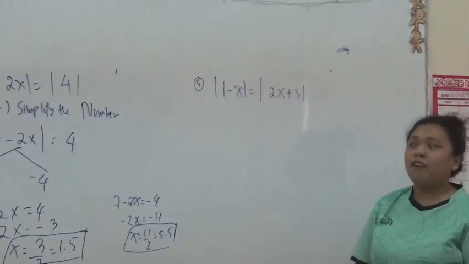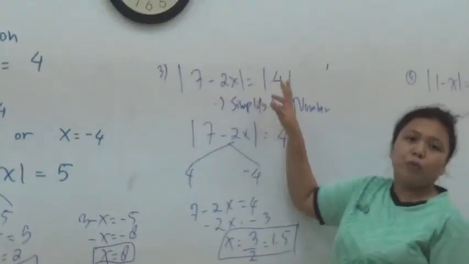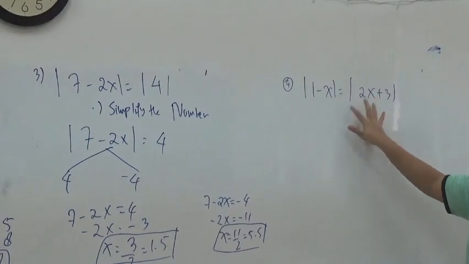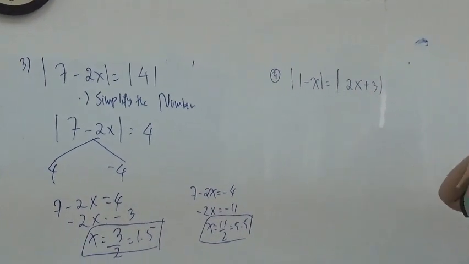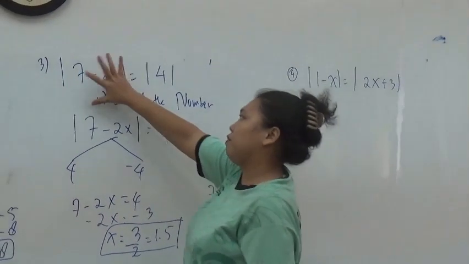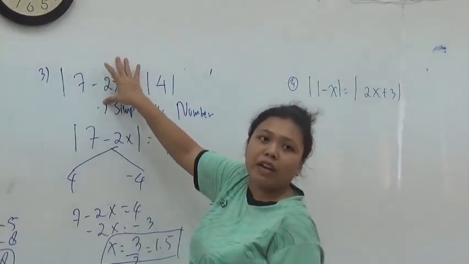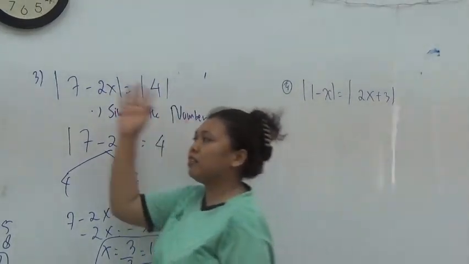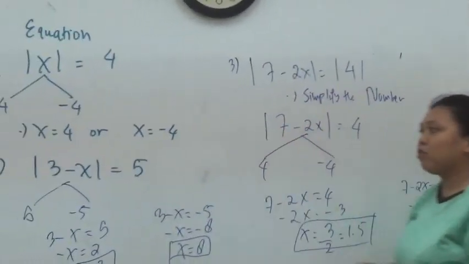Before, you had a double bracket with one constant number. Now you have a double bracket with variable x. As you can see, we cannot guess the value of the one inside the bracket, so we just apply the same method as in the previous question.